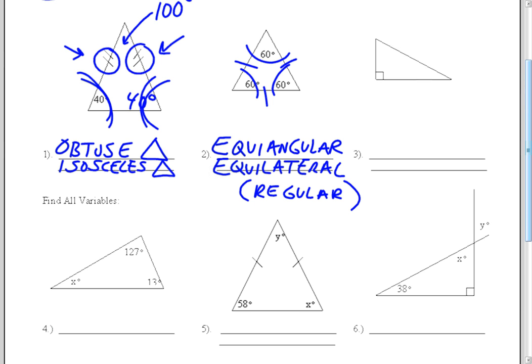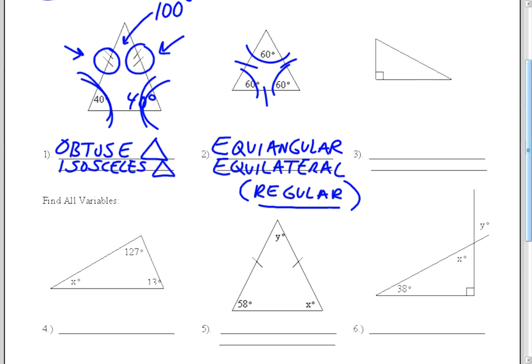It's not wrong if you use it with a triangle, it's just not common usage. We usually use equiangular or equilateral. But when you start seeing the word regular show up, that's just a nice simple way of saying both of these at once. Everything is the same. The angles are the same, the sides are the same.